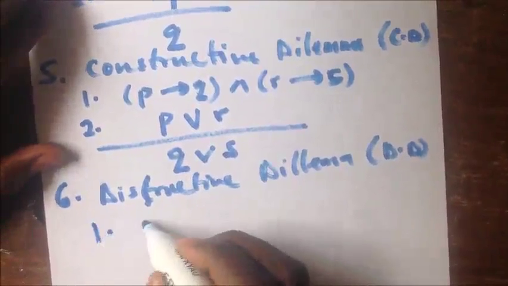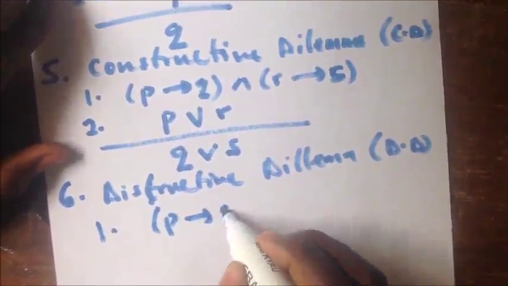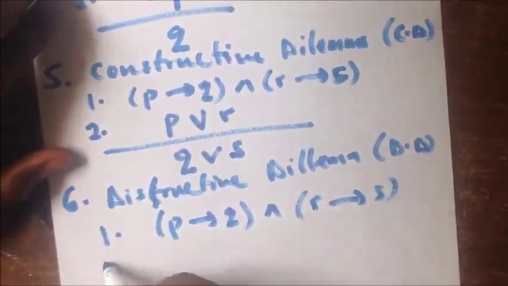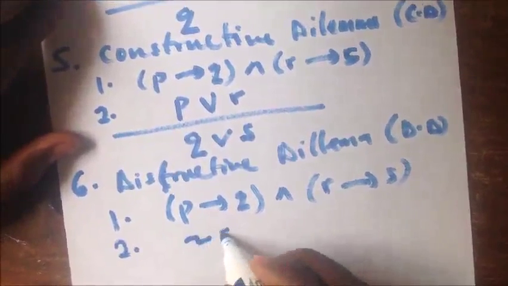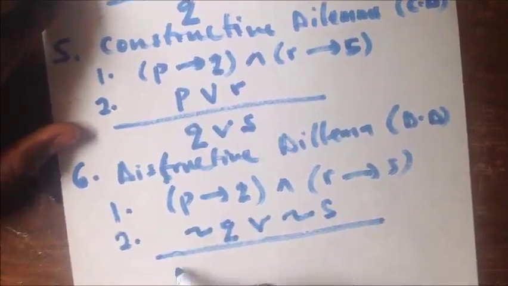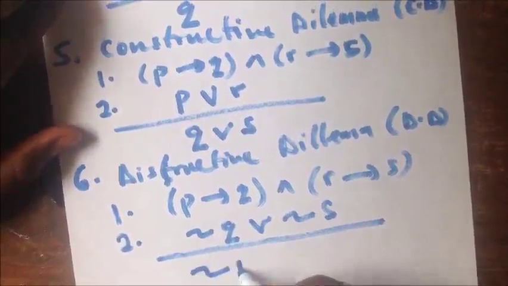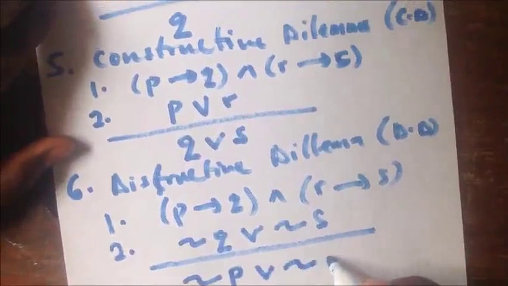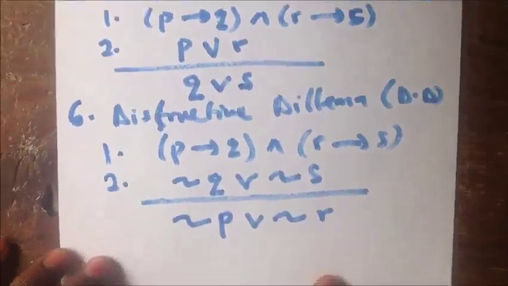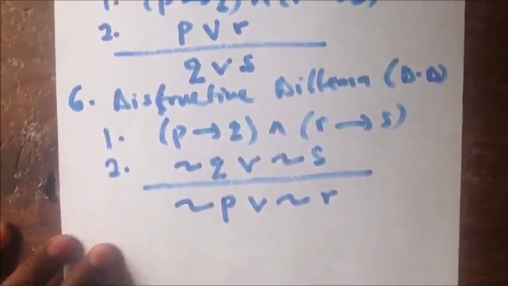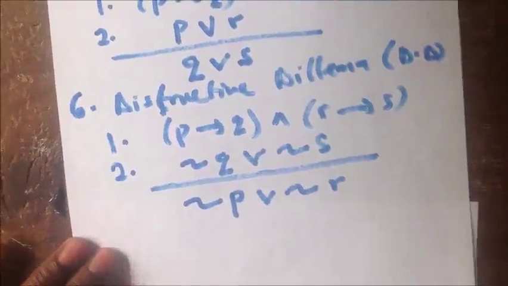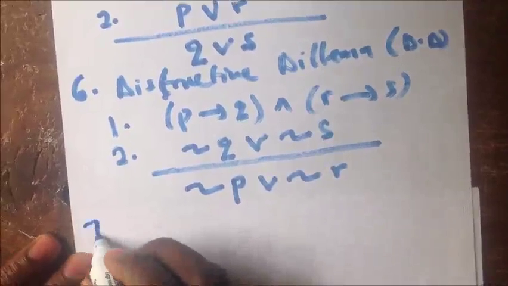This is saying that when you have P implies Q and R implies S is true, and you have a premise that says the negation of Q or the negation of S is true, the conclusion will be the negation of P or the negation of R is true. This is what the destructive dilemma is saying.